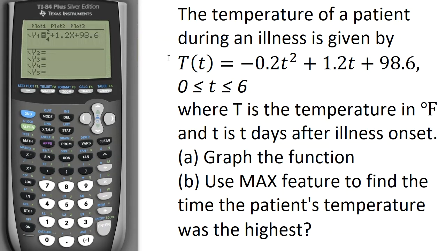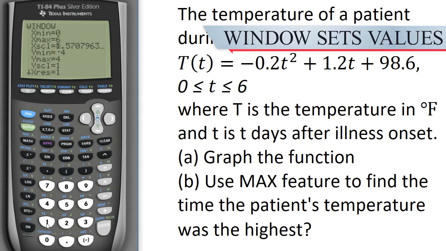Next, we need to think about what makes sense for a graphing window. And we're going to put that into window. So let's hit this window button. And what makes sense for a graphing window? Well, I know that the x variable, the little t, goes from 0 to 6. So I think I'll start with 0 and I'll go up to 6 and I'll make the check mark on the x scale every 1.